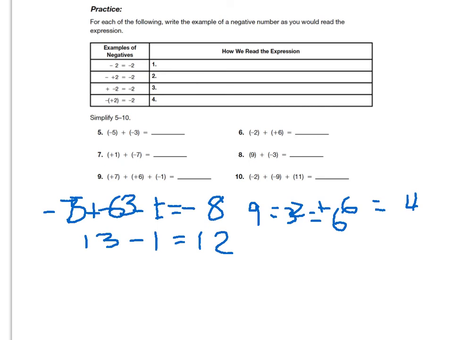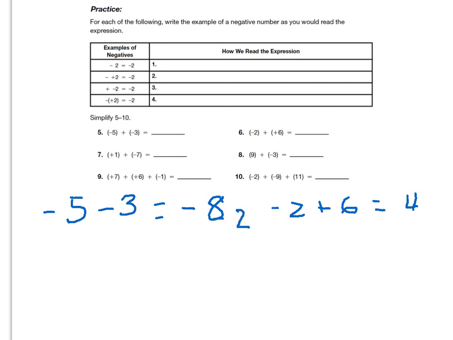Our last example, number 10, again, 3 terms, 3 sets of enclosures that are not implying multiplication. So we can simplify this to negative 2, negative 9, and positive 11. I went a little faster that time, but you can see that plus negative 9 is really negative 9. And the problem is starting to get easier.